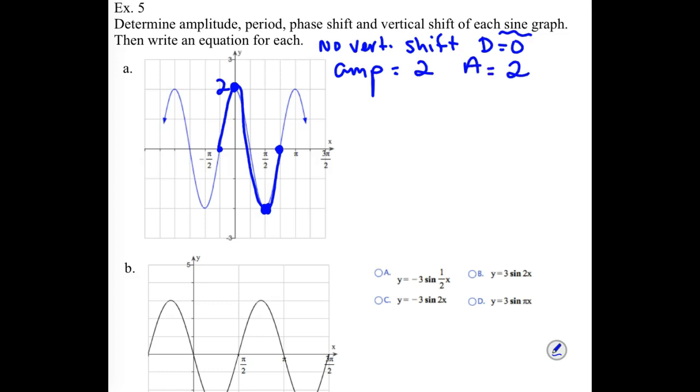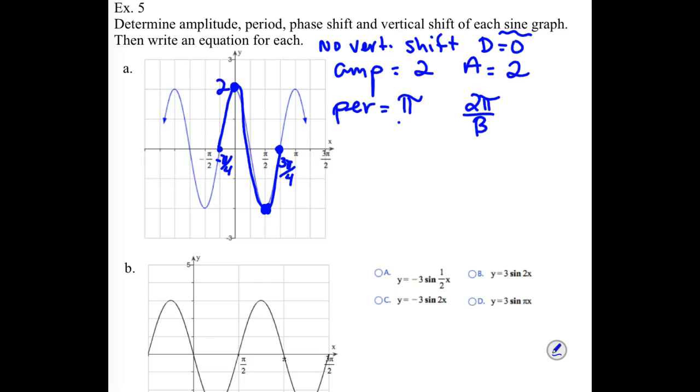Now, looking at the period, we are going from negative pi over 4 up to 3 pi over 4. That is a distance of 1 pi. So the period is just pi, but the normal period for sine functions is 2 pi. So our period is always 2 pi divided by b.